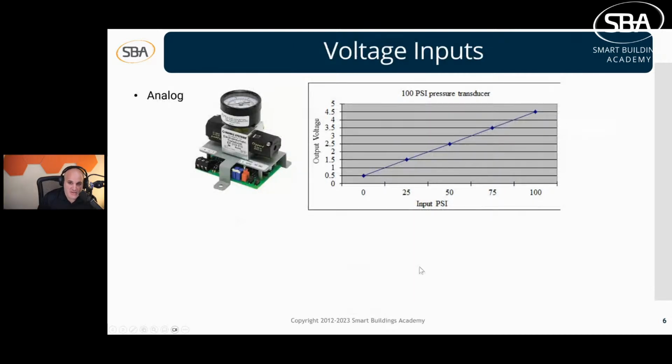Voltage inputs. So this is an example of an electro-pneumatic transducer. I used these all the time in a past life. Based on the electrical signal it was reading, it would send out a pneumatic control signal, typically between 0 to 15 psi.